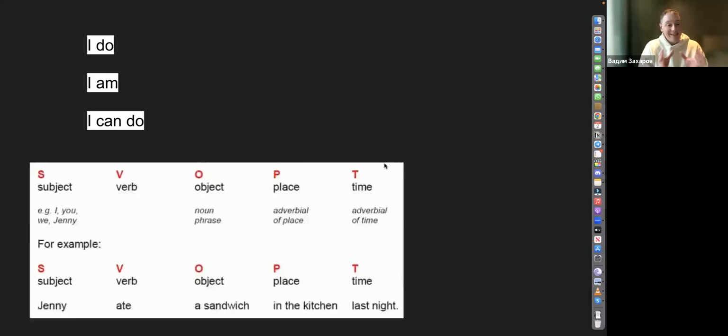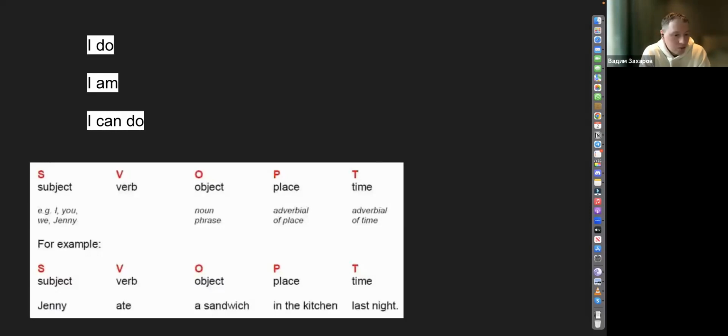Next, when you deal with grammar, you need grammar only to understand why something changes and how it changes. Why and how. Right now we're talking about English, yes? Here you can see 3 different constructions: I do, I am, I can do. That's how you start. You start with these basic patterns.